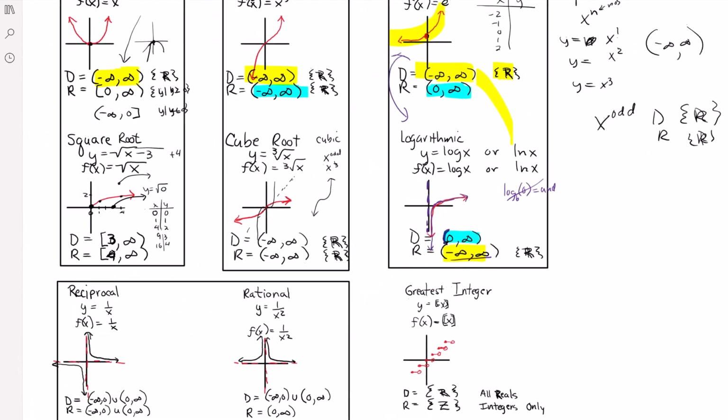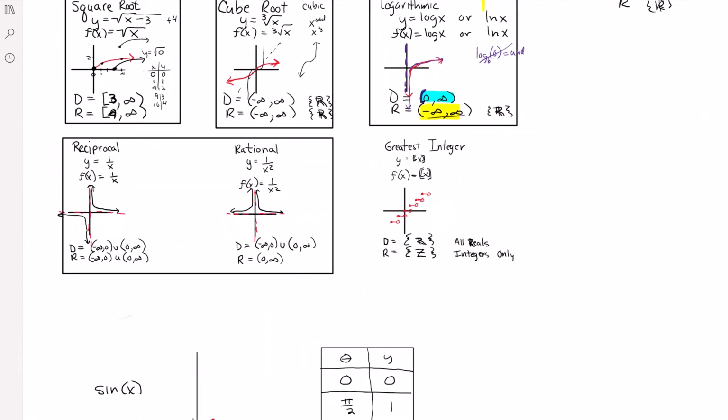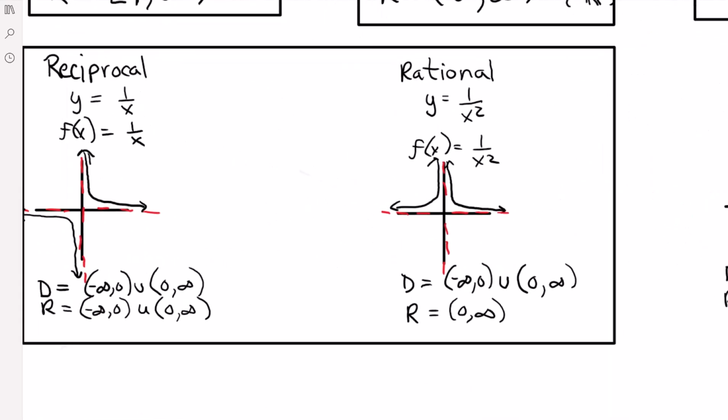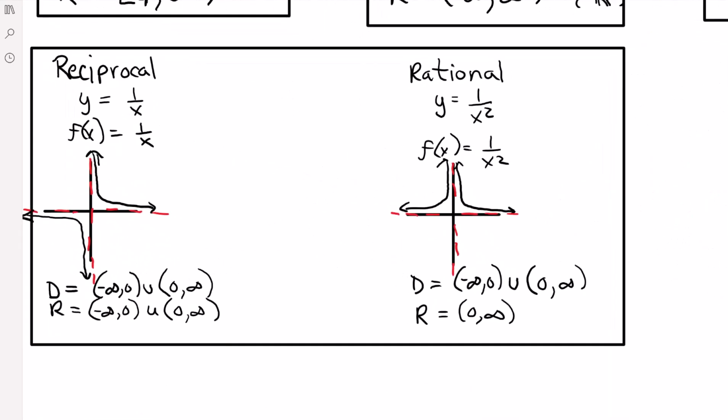All right. And then finally, oops, this took too long for a quick graph. These are both rational graphs, but this is sometimes referred to as the reciprocal graph. And they have limitations because both the x-axis and the y-axis for the parent graph are asymptotes.